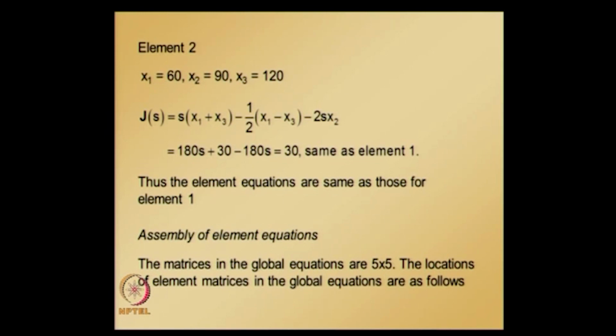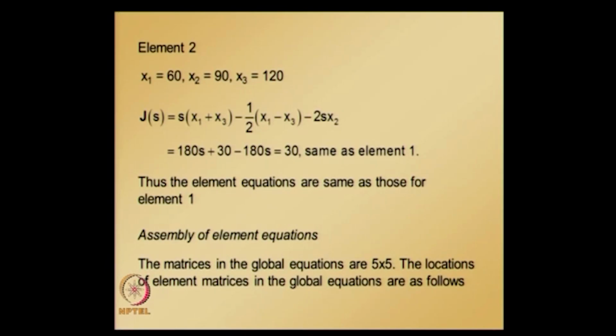Only thing is we need to note that there are 5 nodes in this problem based on the discretization that we adopted, 2 quadratic elements, total 5 nodes. So, global equation system is going to be 5 by 5.